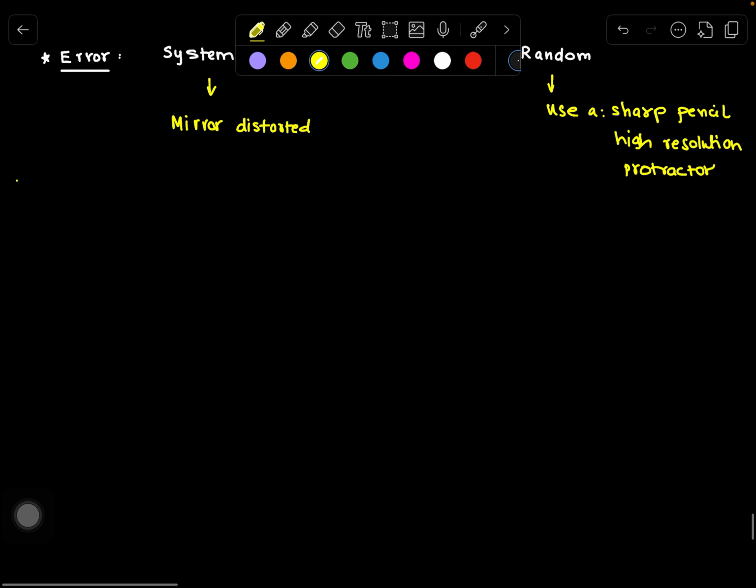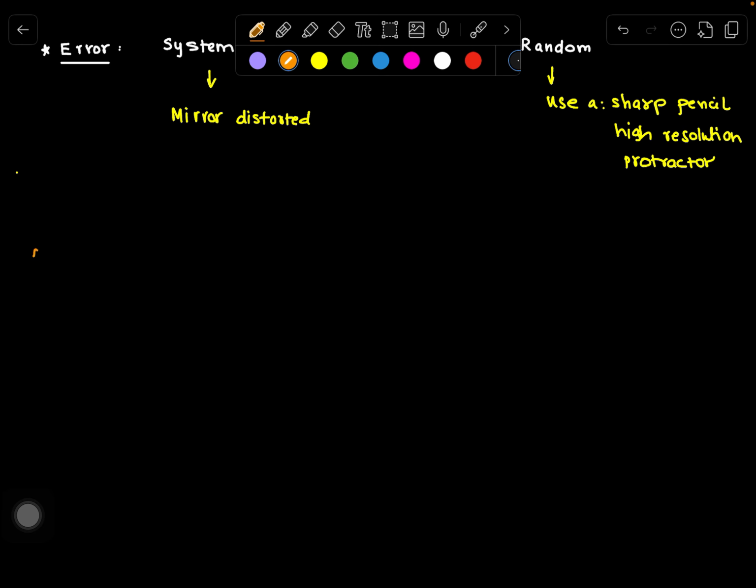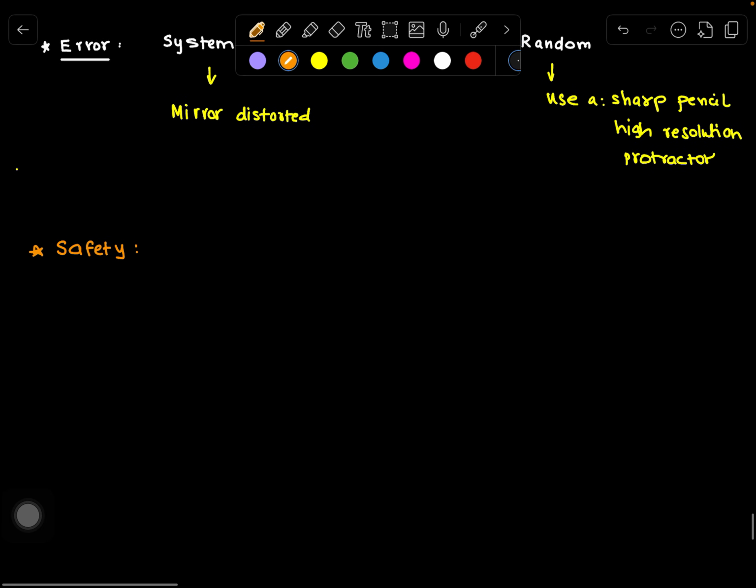Okay, next you have the safety measures that you should take. Safety considerations. So since you're handling a ray box that is projecting beams of rays, make sure you handle it carefully.